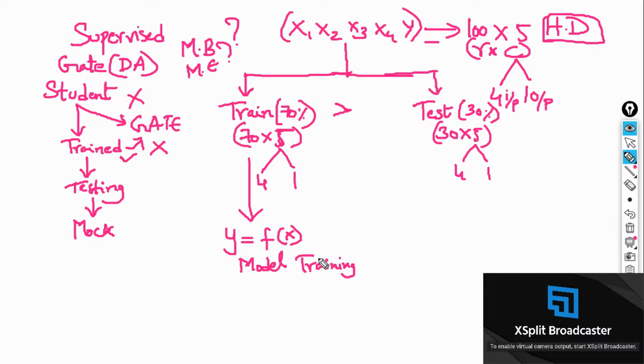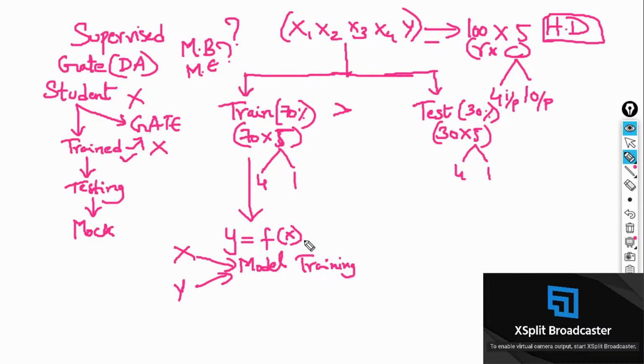Okay, what does training include? Training includes passing both x and y of the train dataset to the model, and in the backend it understands the underlying pattern with respect to this data, and it forms an equation in a similar format, y is equal to f of x.